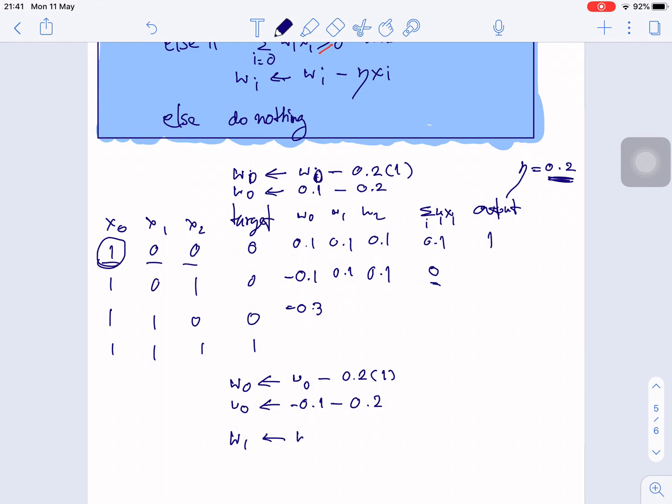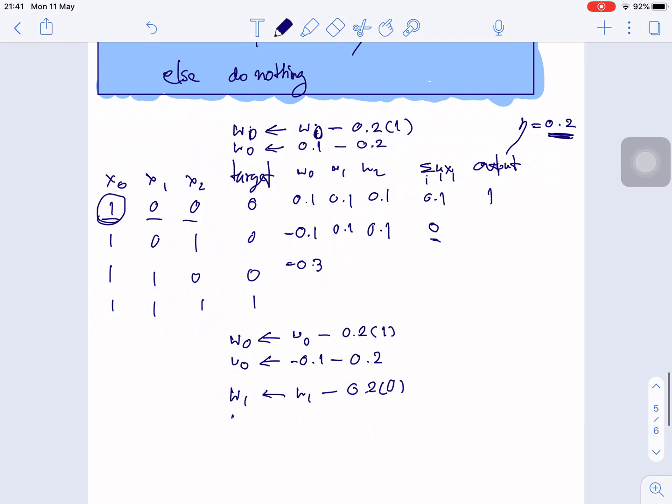W1 will be W1 minus 0.2 times x1, and x1 is 0, so it will be 0 here. So W1 will be the same, still 0.1. And how about W2?